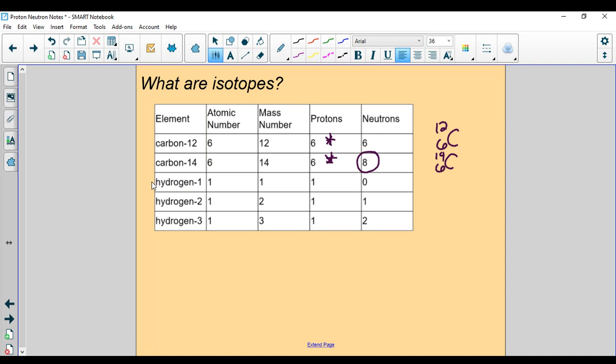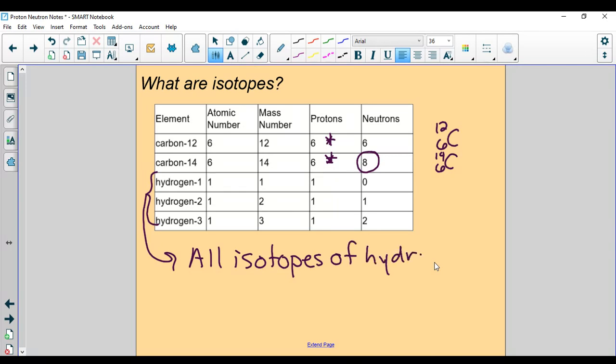Our second data set involves hydrogen. Notice the atomic numbers are all 1, but the mass numbers are different because there are different numbers of neutrons. We would identify those as all isotopes of hydrogen, but the first set of 2 carbons are not isotopes with the hydrogen. To be isotopes, they must be the same elements.